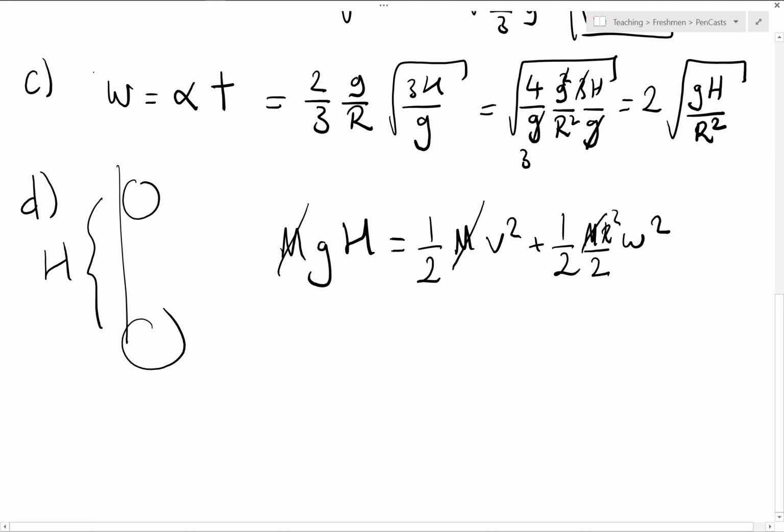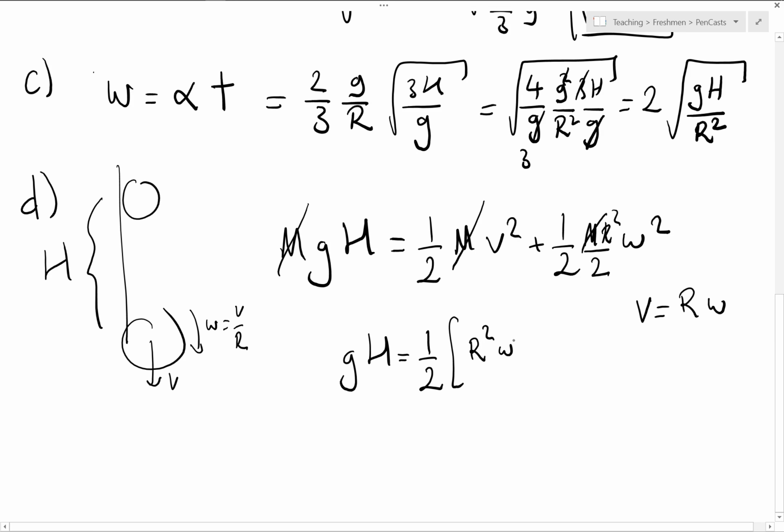And then what do I know? I know the following. v must be R times omega. So if this is v, omega must be v over R. So gh is 1/2 R squared omega squared plus 1/4 R squared omega squared.